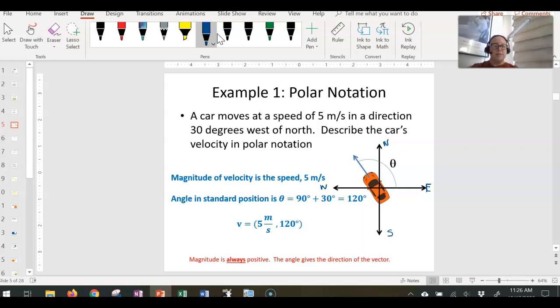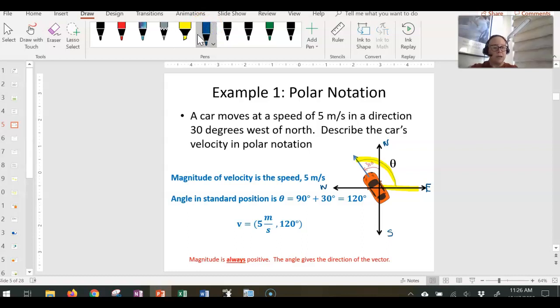So in this case, they're talking about 30 degrees west of north, which means that you start looking north and then you move 30 degrees west. But that 30 degrees is not the angle in standard position. For it to be in standard position, we have to start on the positive x-axis and then rotate counterclockwise until we bump into the vector.